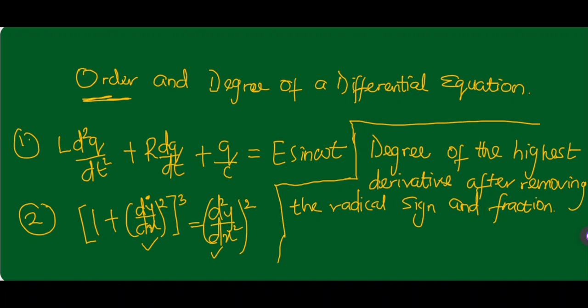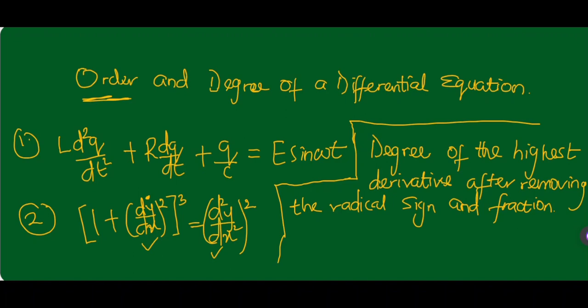The highest derivative here is d squared y/dx squared, and we have no radical sign and no fraction, so we can easily see that the power to which the highest derivative is raised is 2. So the degree of this differential equation is going to be 2. So it is a differential equation of the second order and the second degree, for example 2. Meanwhile, for example 1, it is a differential equation of the second order and the first degree. I hope you all understand that.